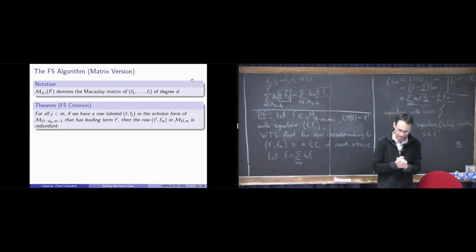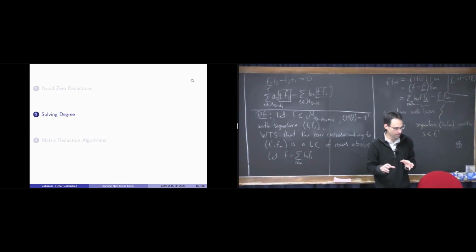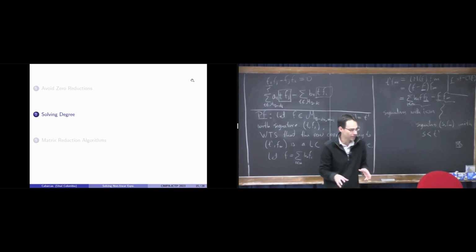All right. Since I'm going to change topics now, I'm going to take the chance to take a break. For 10 minutes, it's 3:44, and we can get back at 3:55, let's say. When we come back, we're going to talk about the solving degree.